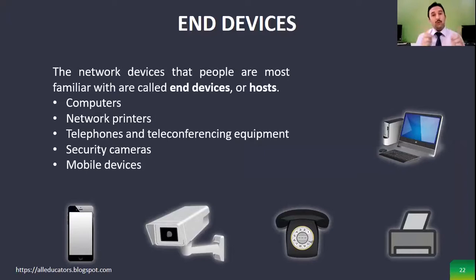Some examples of end devices are computers, as you see here, workstations like laptops, file servers, and web servers, network printers, telephones and teleconferencing equipment, security cameras, and mobile devices such as smartphones, tablets, PDAs, and wireless debit credit card readers and barcode scanners.